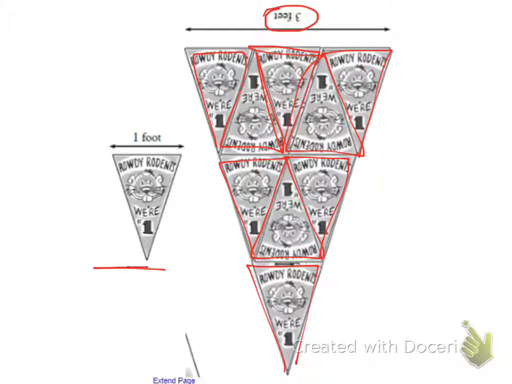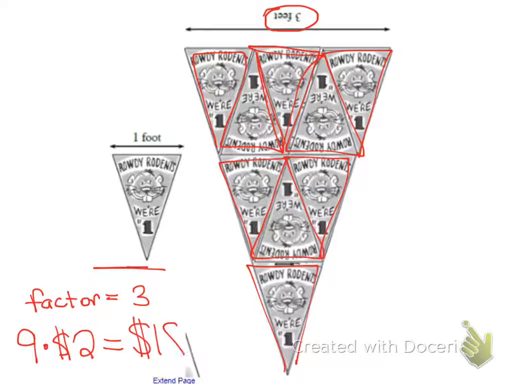So I can see I can fit 9 of the original flags into that new one that's 3 times as big. So the original factor, the side lengths were 3 times bigger, but we fit 9 triangles within that. So if I take 9 and multiply it by the cost of each one, I'm going to get the cost of my new flag, which would be $18.